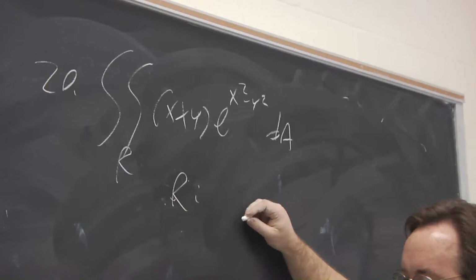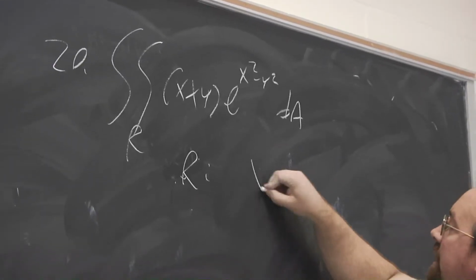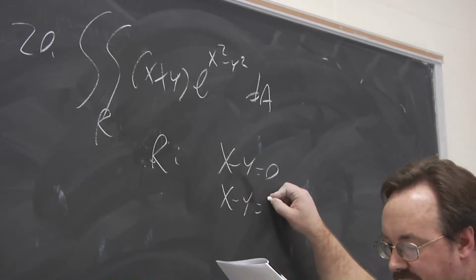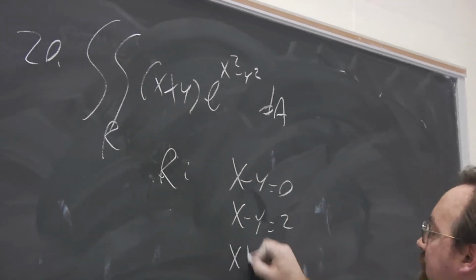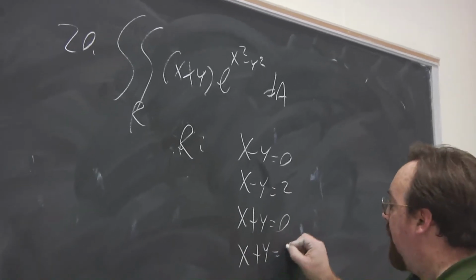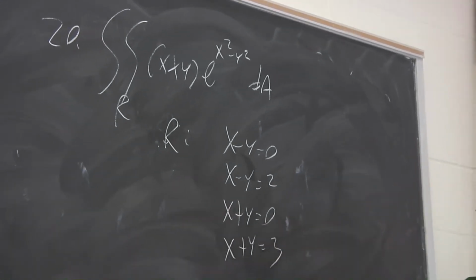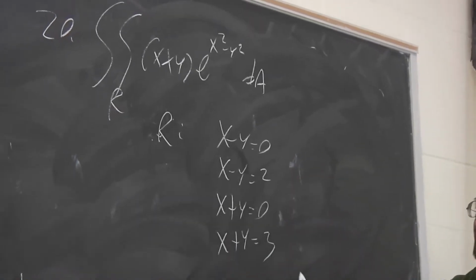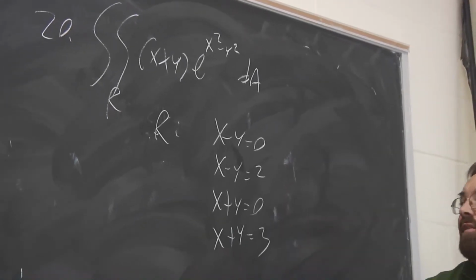Instead of giving vertices, you're given equations: x minus y is equal to 0, x minus y is equal to 2, x plus y is equal to 0, x plus y is equal to 3. So here we have equations of 4 lines that define, in general, a parallelogram, but here this happens to be a rectangle.